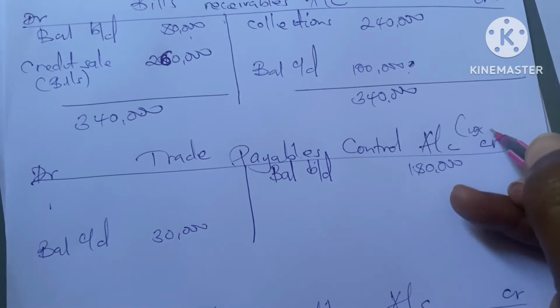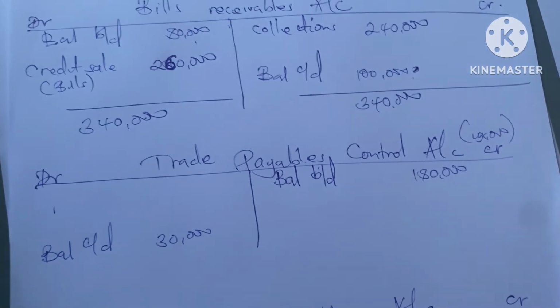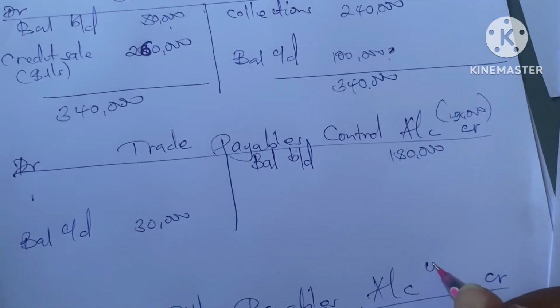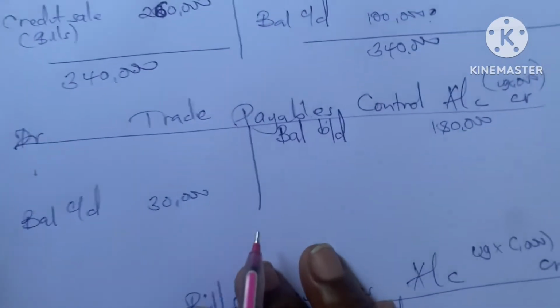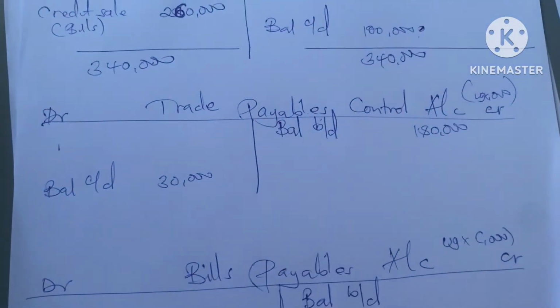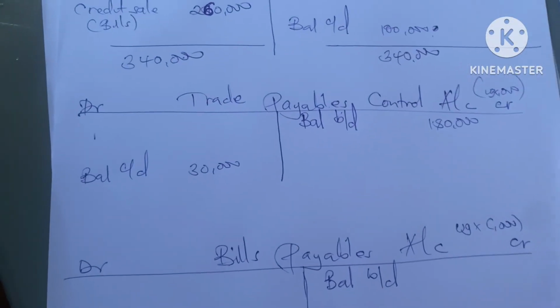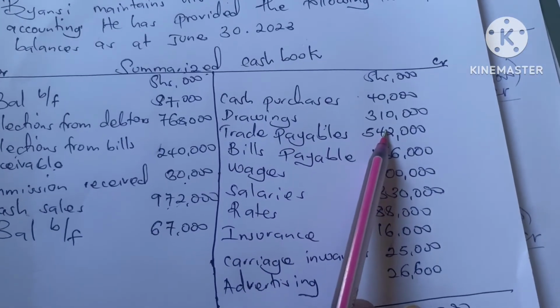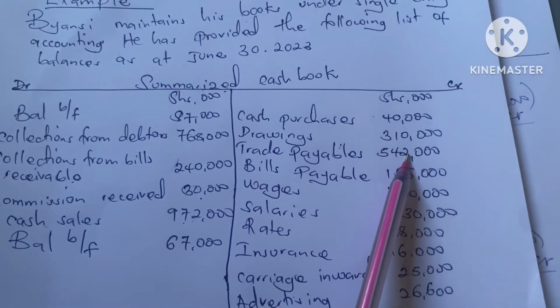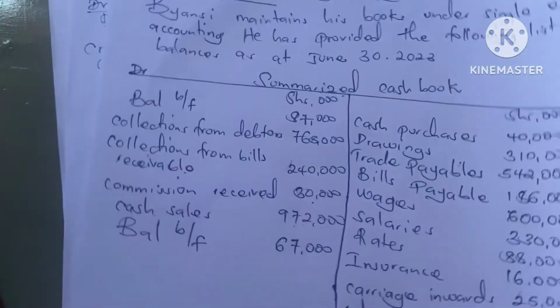Remember, this account is in UGX, 3 zeros. Even this is in UGX, 3 zeros. So we also have the trade payables that were paid during the year, so they will be on the debit side.